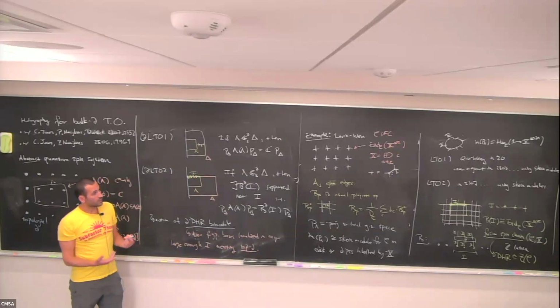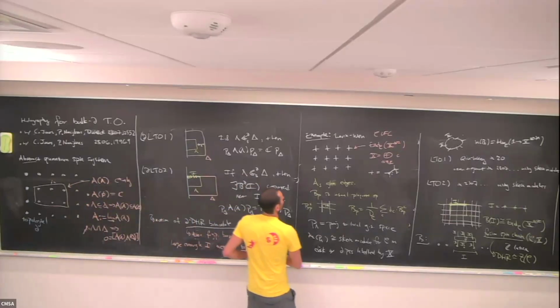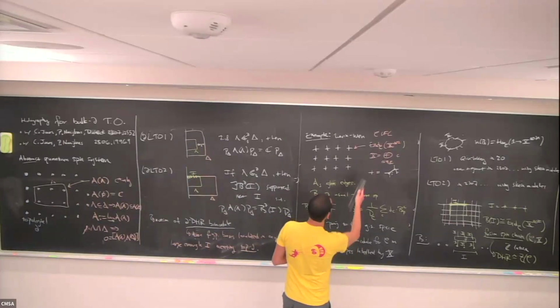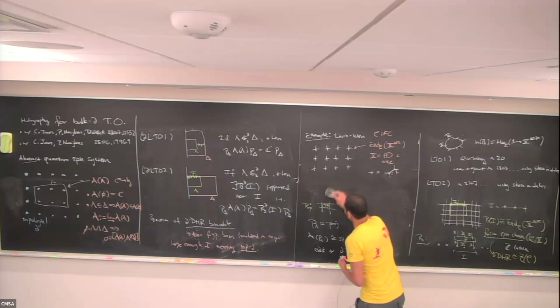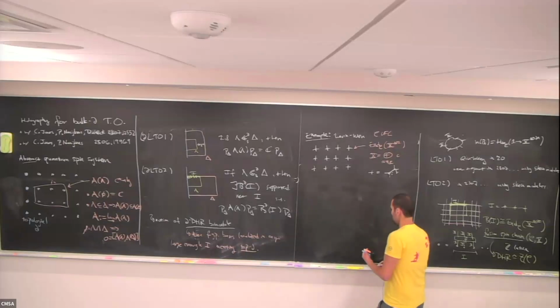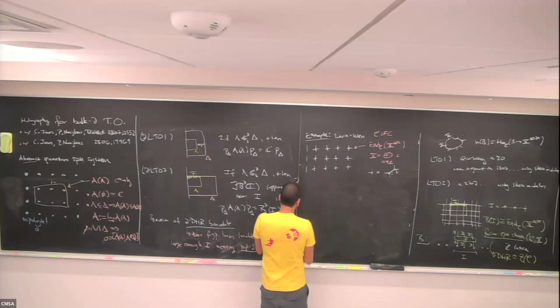So let's do an example where it's clearly not braided: Levin-Wen with a topological boundary. So here I've got C, I've got X there. What I'm going to do is I'm just going to add a topological boundary here in this way.